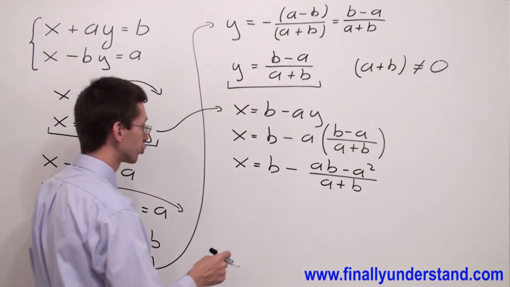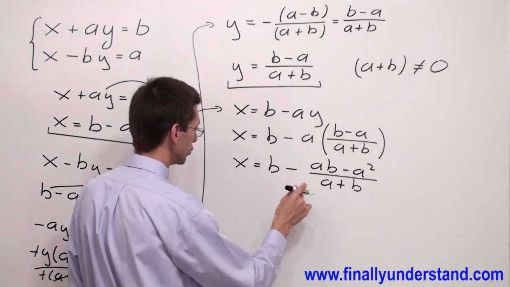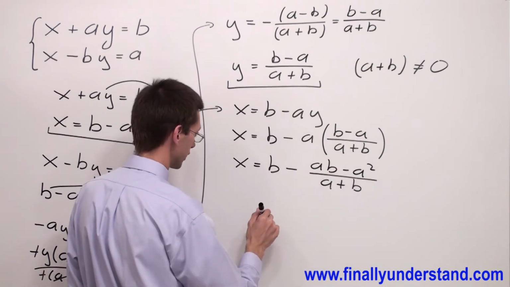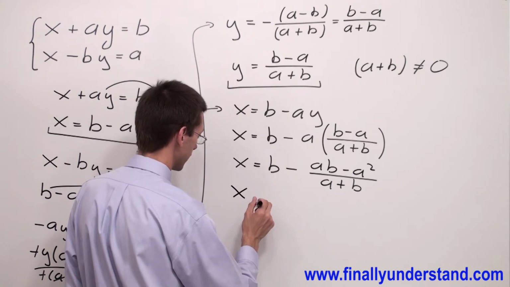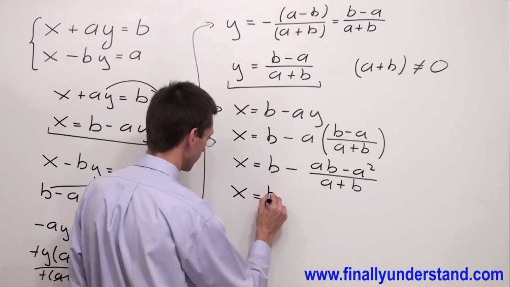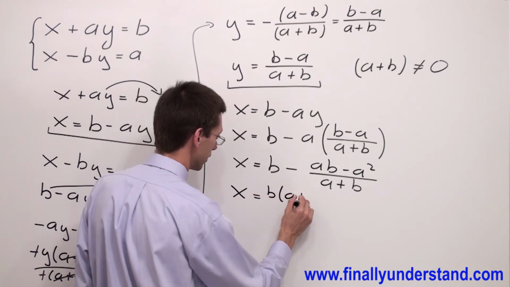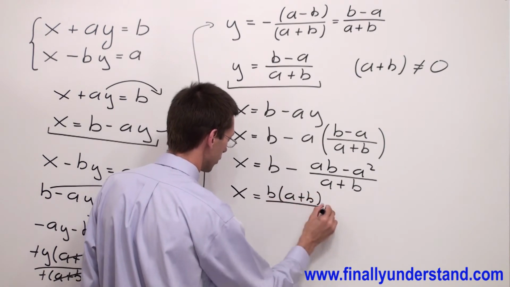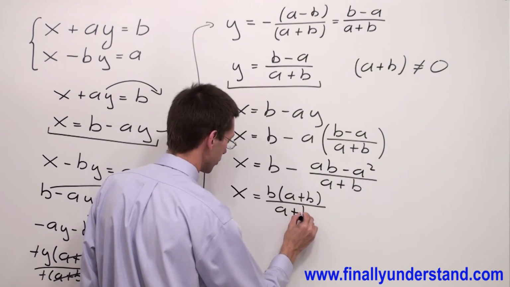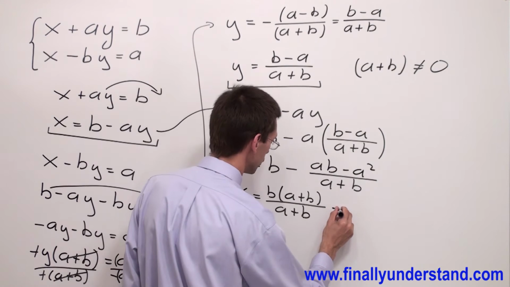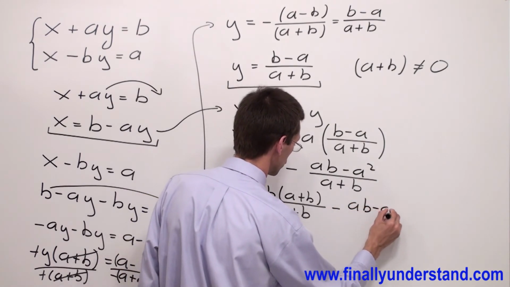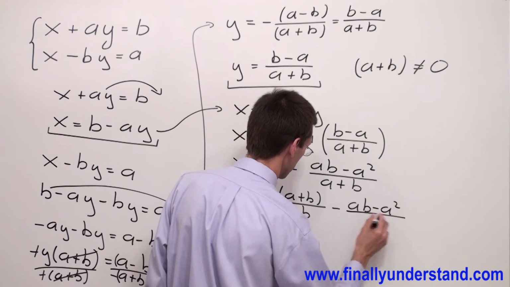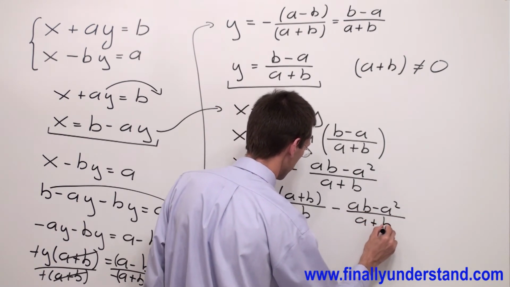Next, I'm supposed to find the common denominator because I have a fraction over here. The common denominator is going to be a plus b. So I have b times a plus b over a plus b minus ab minus a squared over a plus b.